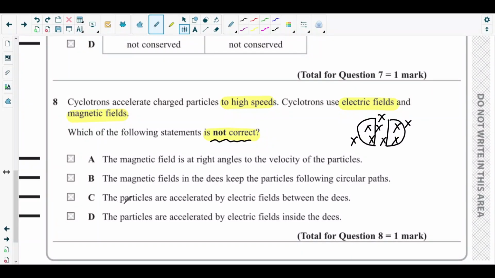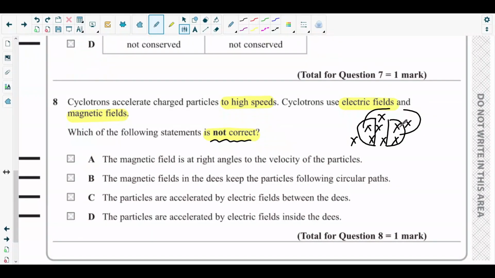The next option is C. It says the particles are accelerated by electric fields between the D's. Okay, so electric fields are acting between the D's. Correct. It is true for cyclotron because this D is connected to one end of the power supply, and this D is connected to another end of the power supply.